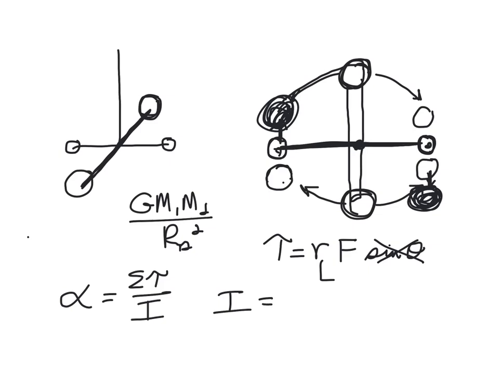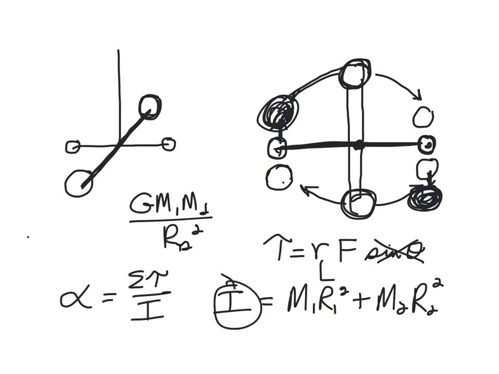And so the inertia is simply the sum of m1 r1 squared plus m2 r2 squared, but m1 and m2 are the same, and r1 and r2 are the same. And so that will give you the inertia, and through that you can get the acceleration.